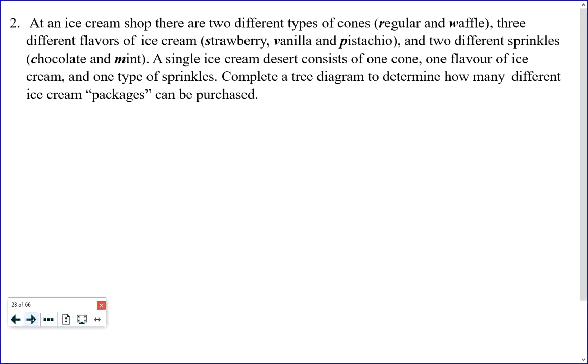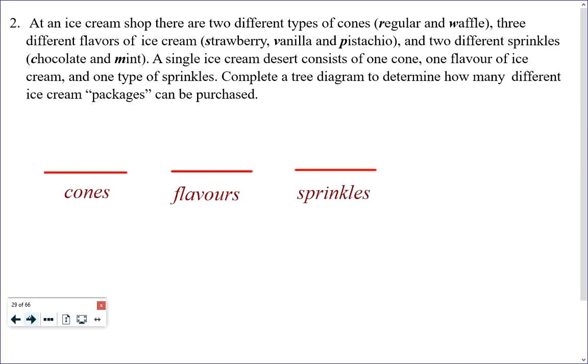Okay. If you look at the ice cream question, you had 3 decisions to make. You weren't choosing a pair of pants and choosing a shirt. You were choosing a cone, an ice cream, and a sprinkle. And if you take the number of cones times the number of flavors of ice cream times the number of sprinkles, you get 12. So we should never have to do a tree diagram to solve these problems.